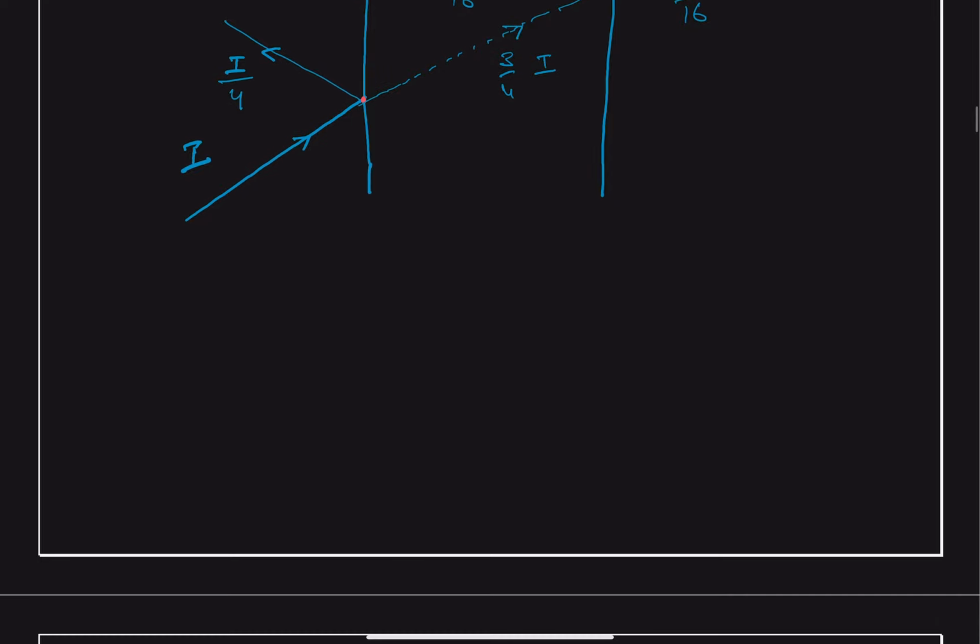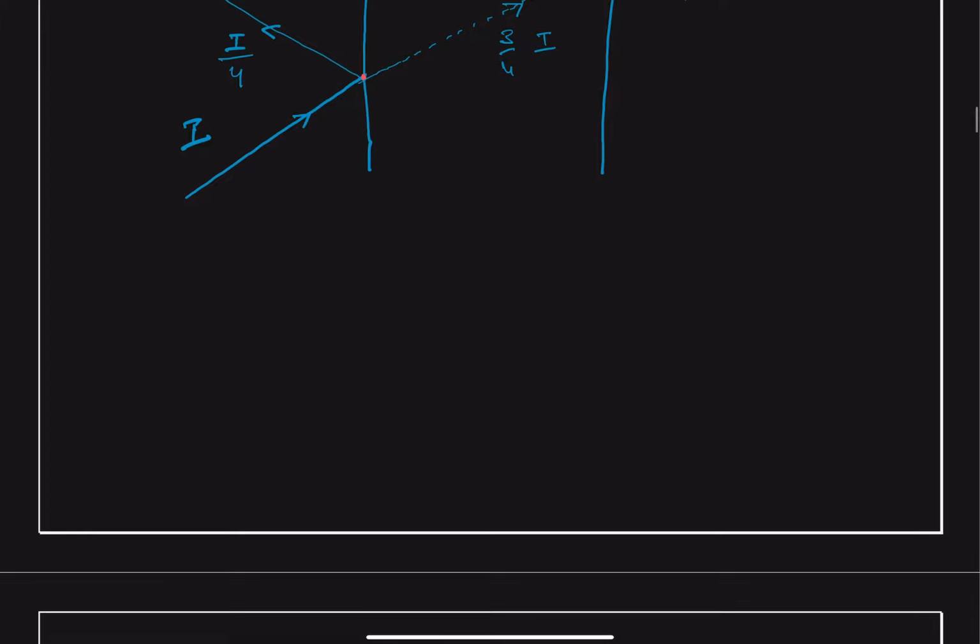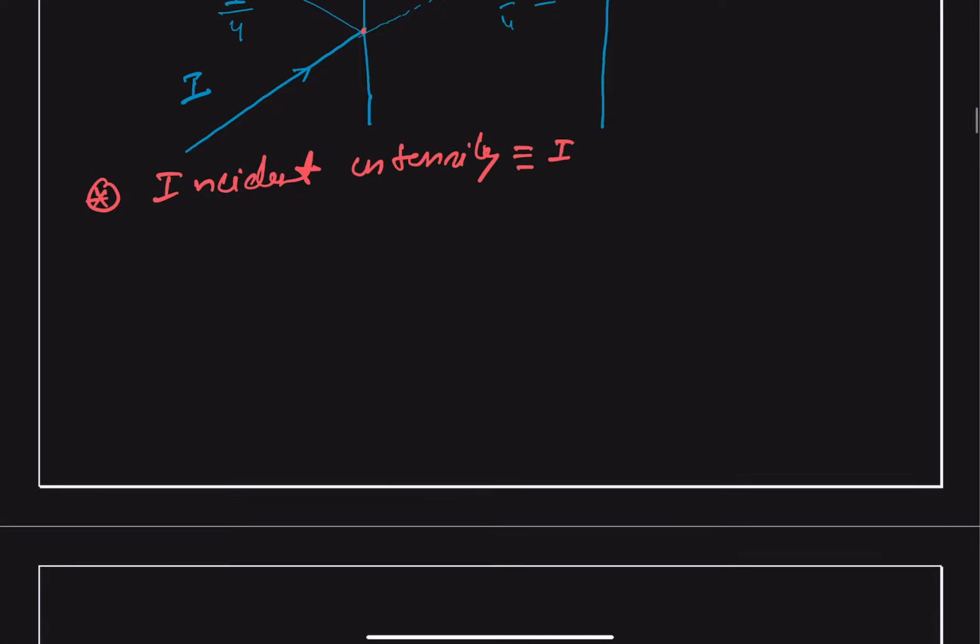And we can write this with the help of some equations or formulas. So we are given that the incident intensity is I, and let us first find out the reflection that is taking place at plate 1.